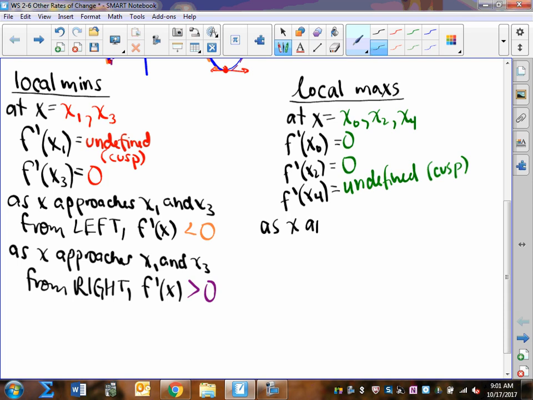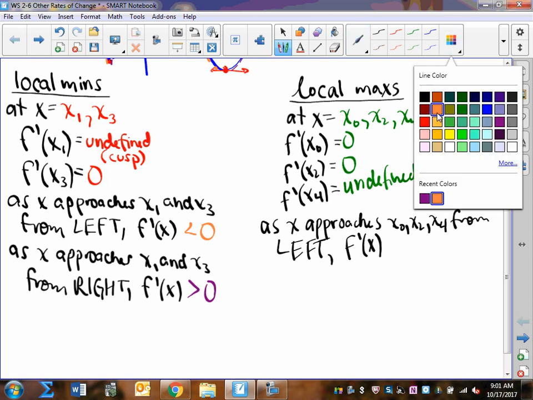As x approaches x sub 0, x sub 2, x sub 4 from the left, my derivative, we said, is positive. Which, again, seems to make sense.